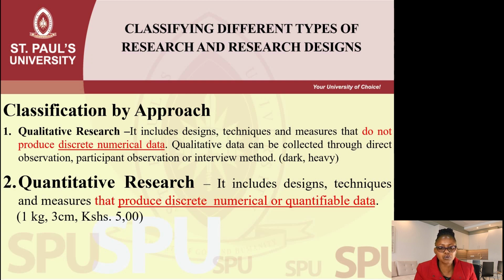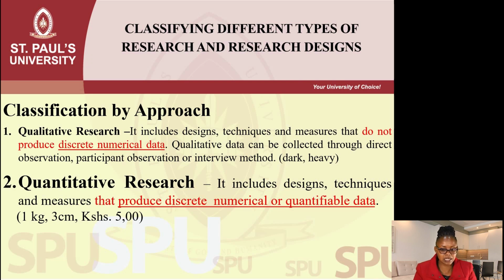And when you're dealing with qualitative data, you think about observation, participant observation, or the interview method. This is where you describe exactly the phenomena. You can say it is light, it is heavy, it is pink, it is green. You're simply describing, through a story, how that phenomena is.